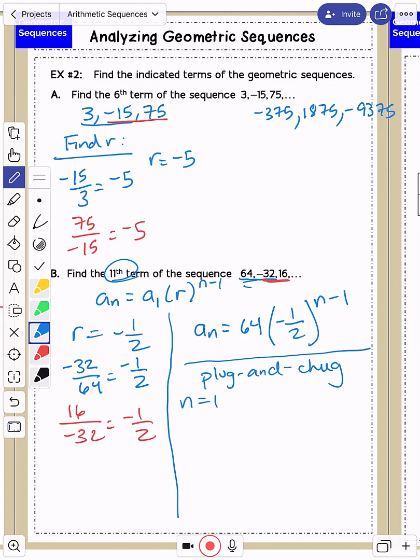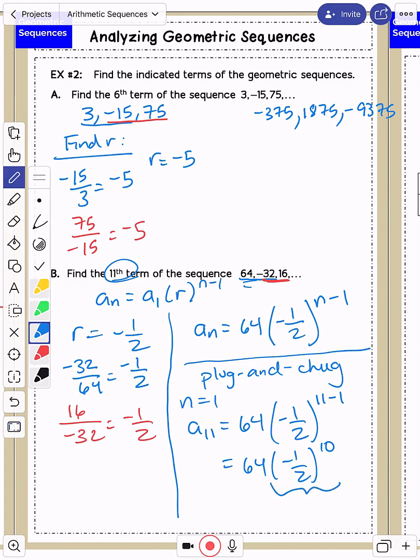So I'm going to plug in: a11 equals 64 times minus 1/2 raised to the 11 minus 1. So that's 64 times minus 1/2 raised to the 10th. So here's where it gets really important again to be really careful. The only thing raised to the 10th is the minus 1/2, and you have to do that first.